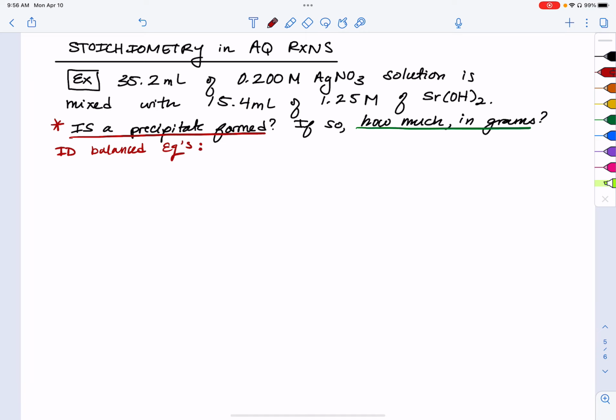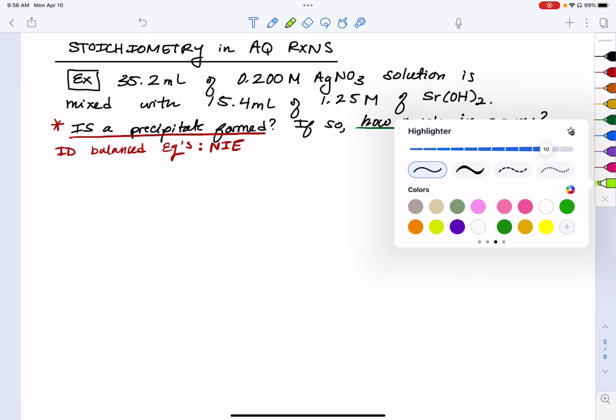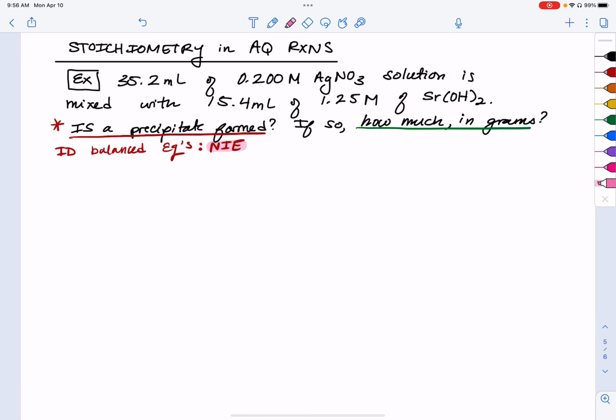In general, when you are doing aqueous reaction stoichiometry, you are always going to base your stoichiometry off the net ionic equation. So really our goal here is to identify a precipitate formed and then get our net ionic equation, because our net ionic equation in aqueous reactions is always going to be the recipe, because that'll help us with this how much question.